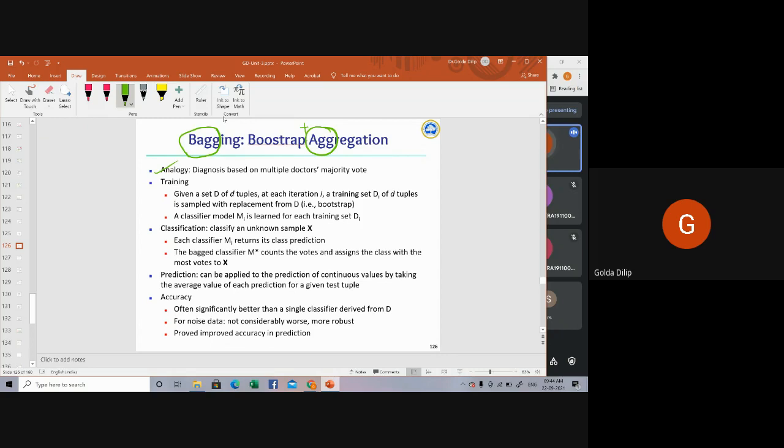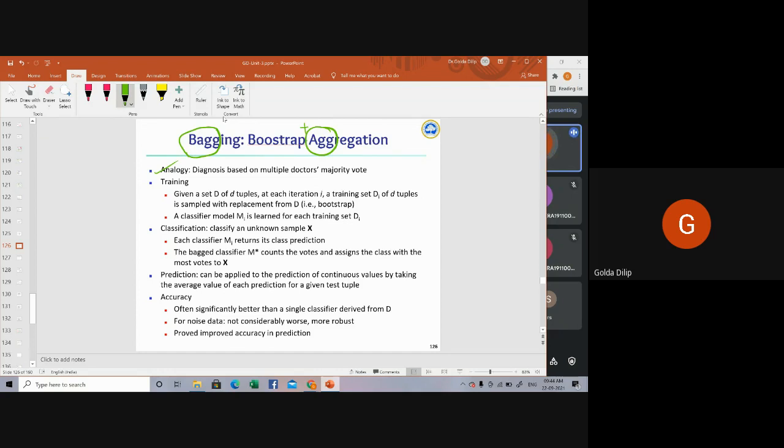If a certain diagnosis is repeated by more than one doctor, say two doctors are giving you the same diagnosis, you may choose that as the final or best diagnosis. That final diagnosis is made based on a majority vote, where each doctor gets an equal vote.